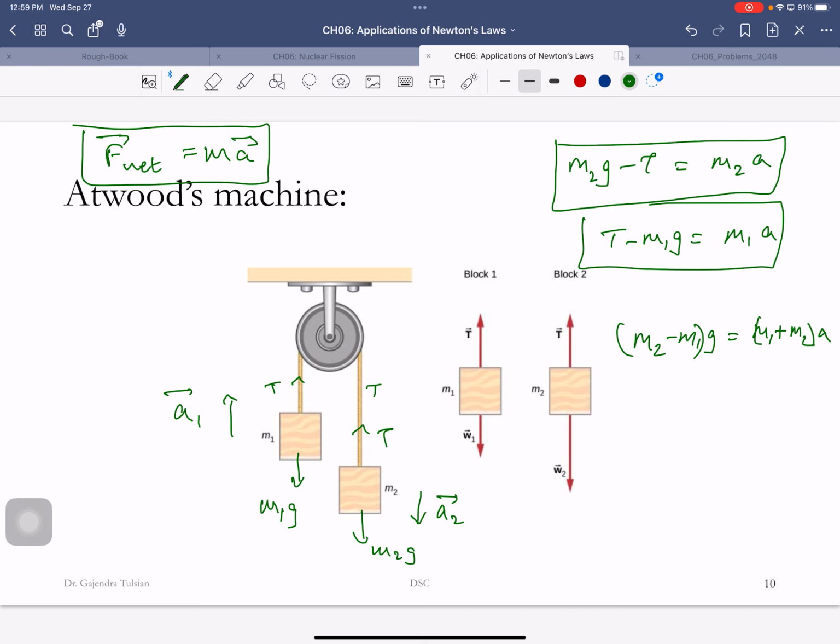Is that a T? All right, so solving for A, A equals (m2 minus m1)g divided by (m1 plus m2).